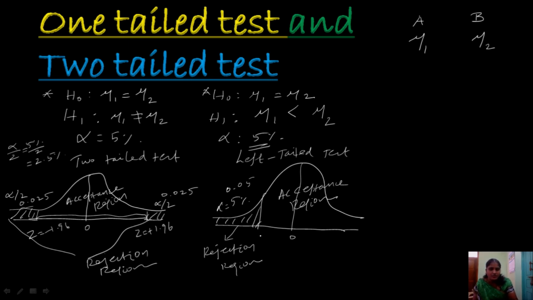So the value of Z at 5% level of significance for a left-tailed test is minus 1.645. If my calculated value falls in this region, I have to accept, or otherwise I have to reject the null hypothesis H0. Let me move on to the next case.